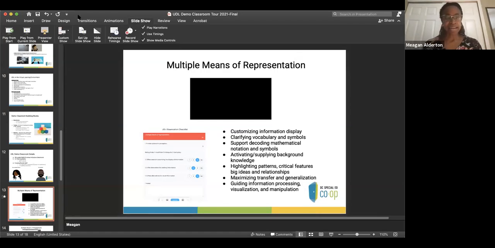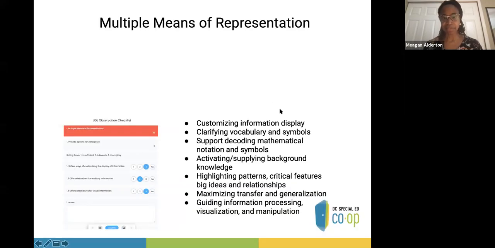And so now we're able to look at some of the elements here of multiple means of representation. We saw the clarifying of vocabulary and symbols in the beginning of the lesson. We actually saw some support for decoding mathematical notations and symbols because of the different options of the area model and the ratio table.